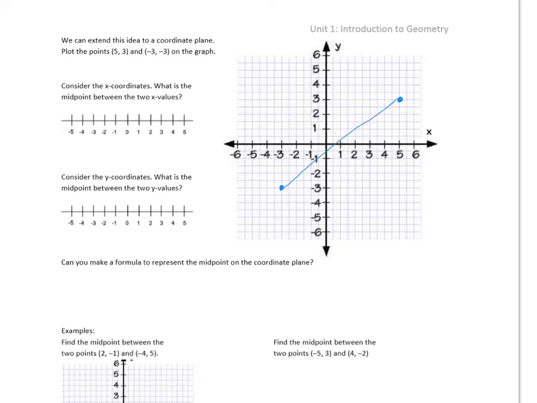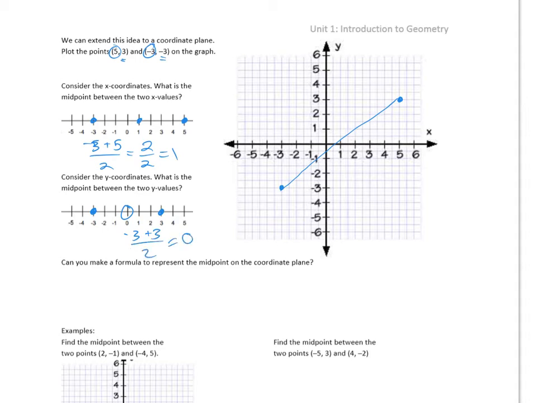So if I'm looking at my x coordinates, I have 5 and -3, whose midpoint is going to have to be 1, because -3 plus 5 over 2 is 2 over 2, or 1. So my x-coordinate is a 1. And my y-coordinates are 3 and -3, which the midpoint is clearly 0 right there, because -3 plus 3 over 2 is in fact 0.